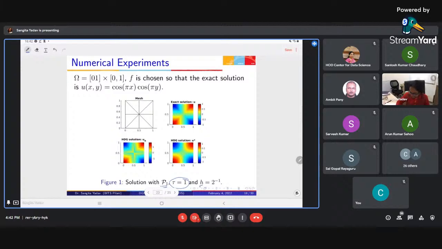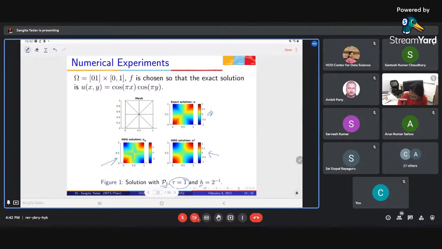Okay, so in that case, here you can see this is your exact solution. This is your UH, which we have obtained by solving local problems. And then here you have the post-process solution UH star.